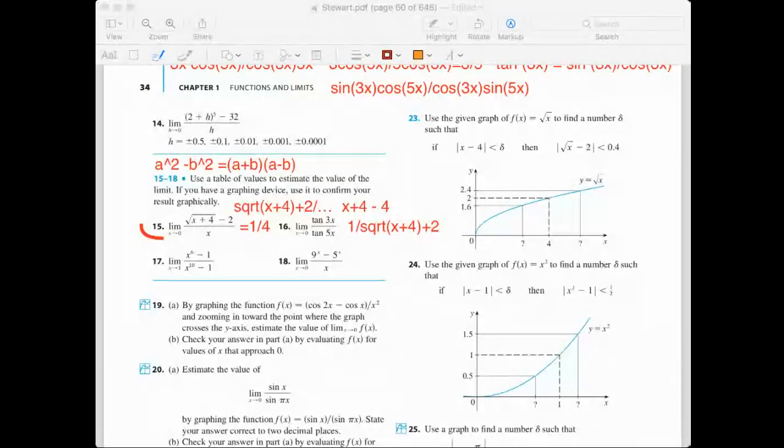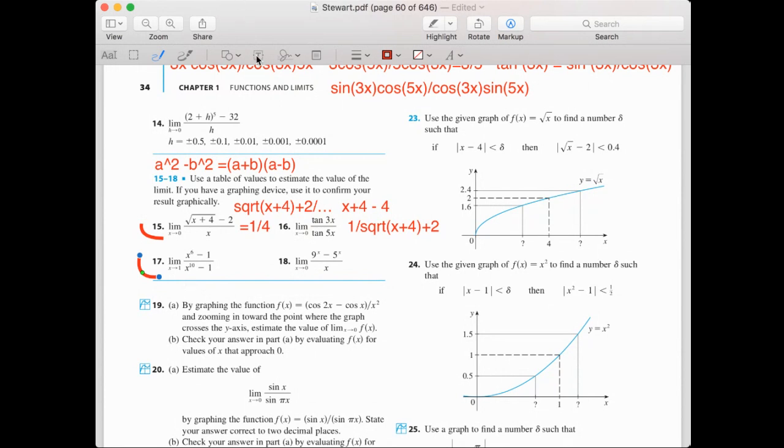Okay, let's check out number 17. Anybody have any suggestion for 17? Obviously, 1 is not in the domain of this function. So what do we do with this? We use something called the binomial theorem.